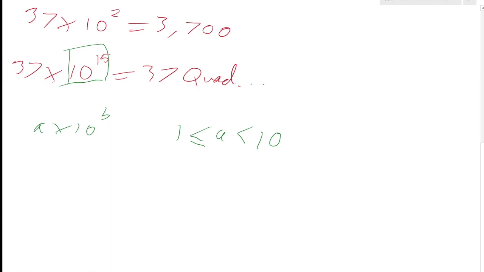So we'd have to divide 37 by 10 to get 3.7. But because we've divided by 10, we can't change the number, so we still have to multiply by another 10. So 10 to the 15 times 10, using our power laws, is just 10 to the 16. So 3.7 times 10 to the 16 equals 37 quadrillion in standard form.